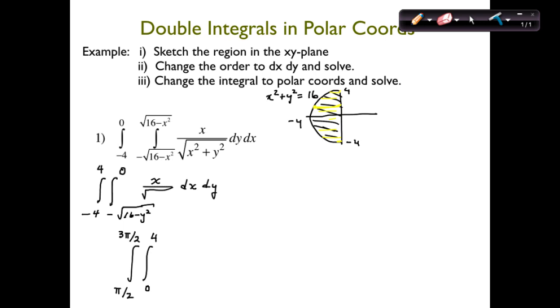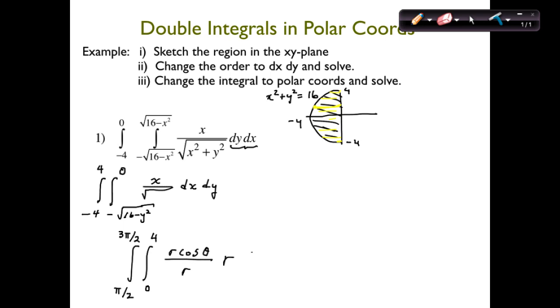x is r cosine theta. The square root of x squared plus y squared is just r, right? That's the hypotenuse. Or it's the square root of r squared. Either way, you still get r. And then what's dy dx?